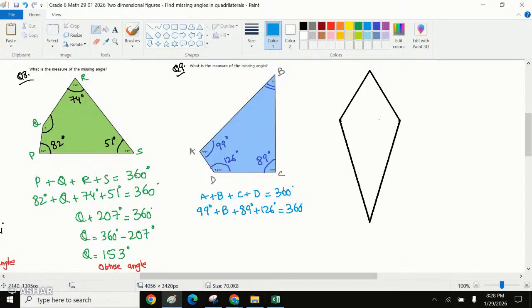When we add 99 plus 89 plus 126, the total comes out to be 314. That means B plus 314 should be equal to 360, and B should be equal to 360 minus 314, which comes out to be 46. Okay.